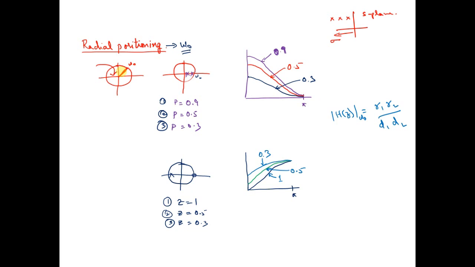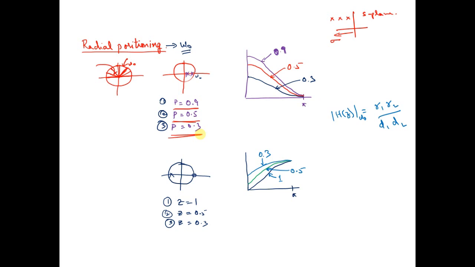Now what will be the omega naught of a particular filter? It would be decided by the angle of the radius. And what is the frequency axis? The unit circle is our frequency axis. Now let us take three cases where the pole is present at p equals 0.9, p equals 0.5, p equals 0.3.